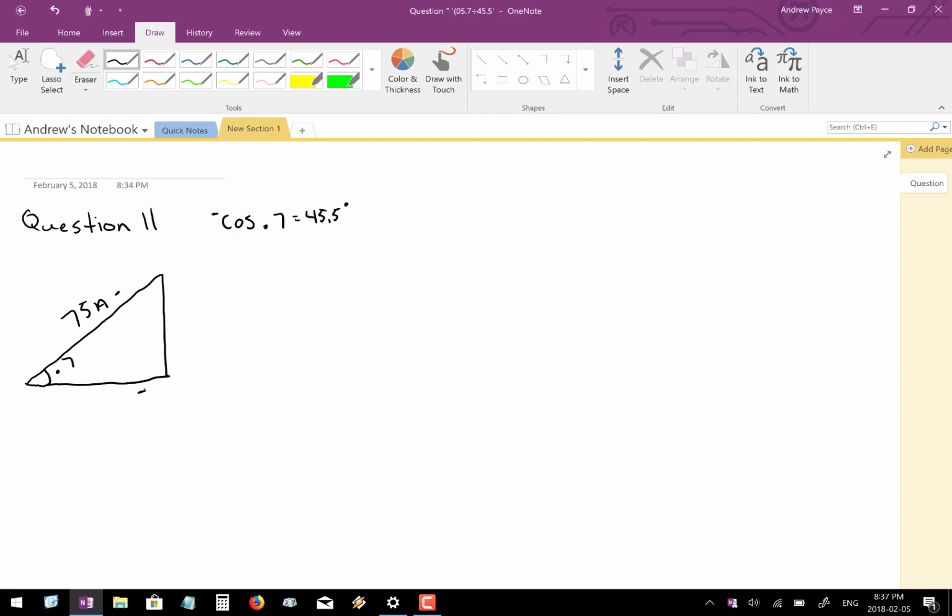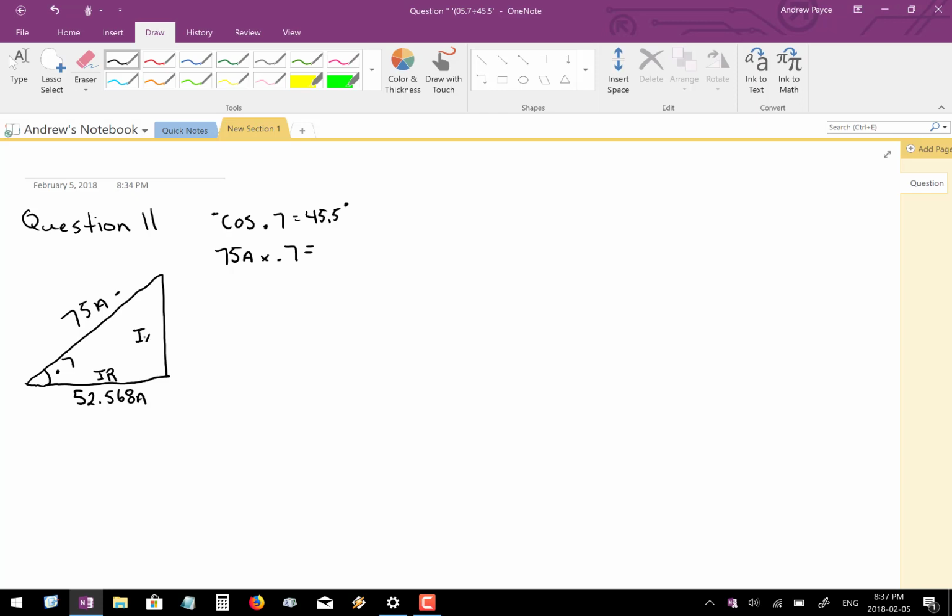So if I go 75 amps multiplied by my power factor of 0.7, I should get a number relatively close to 52.568 amps. Perfect. So that's my in phase, or my IR, resistive portion of current.